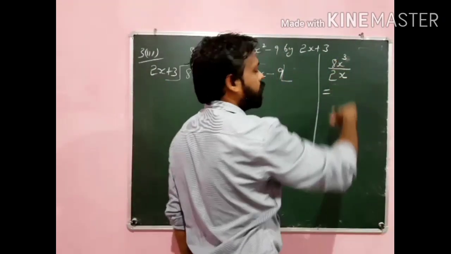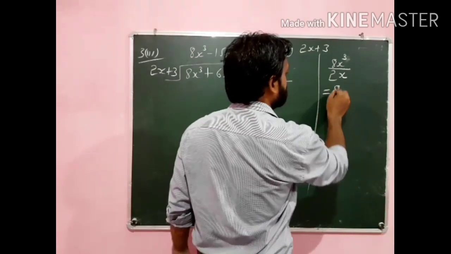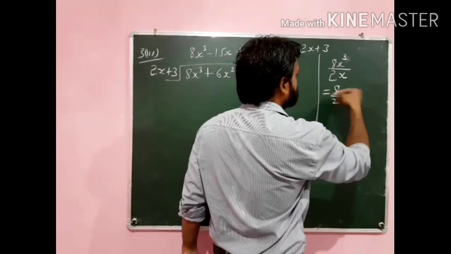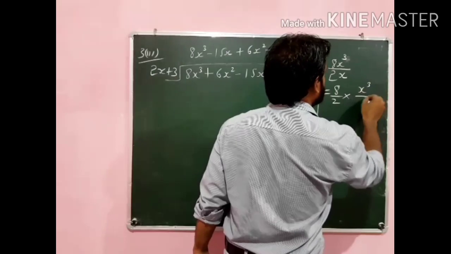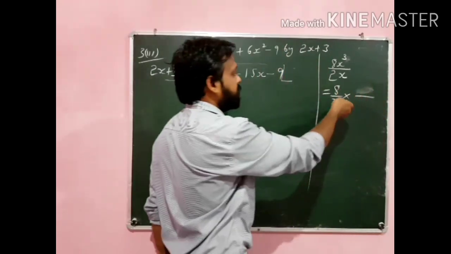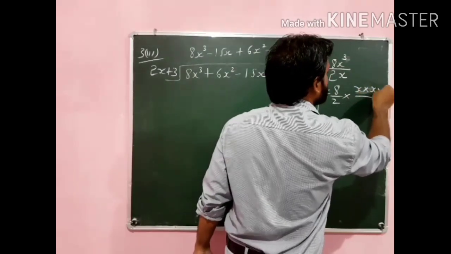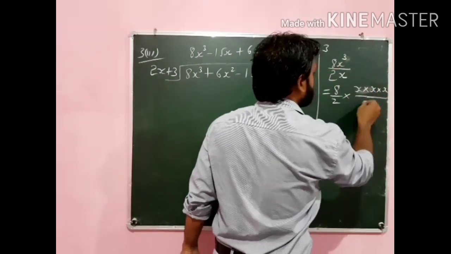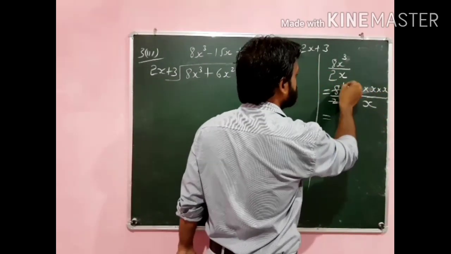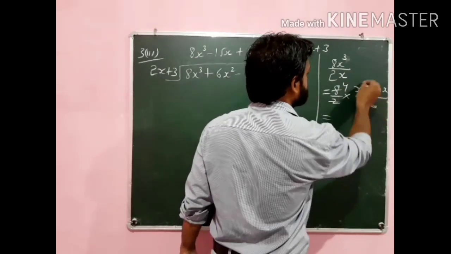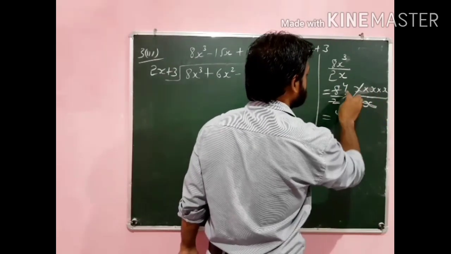Now you know how we can solve this. Just separate the numerical values. This is 8 by 2 and here is x cube. Write down x 3 times and here the x. So 2 goes into 8 four times and this x is cancelled with this x. So what we got is 4.